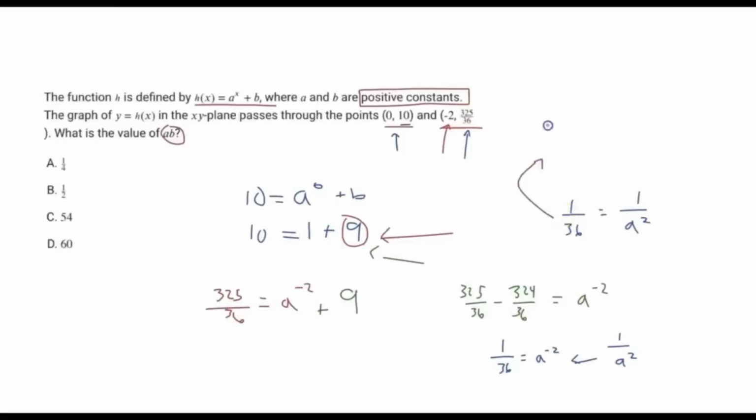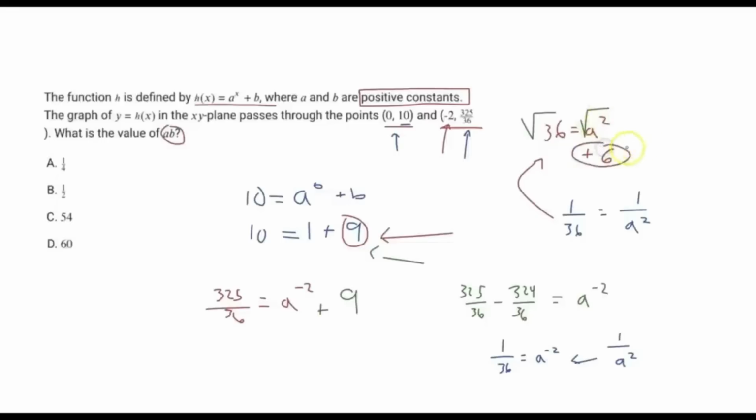So this in reality is just 36 equivalent to a squared. So now what we can do is solve for a by taking the square root of both sides. And on the SAT, when you manually take the square root of something, you are taking the principal square root, and therefore you only want the positive solution. And so instead of -6 and 6, it's just going to be +6 as our final answer.